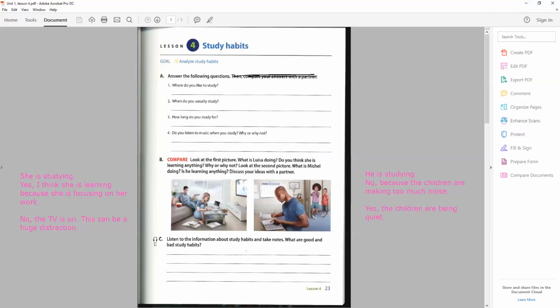Awesome. Okay, so that was a pretty quick audio. It was pretty fast. Okay, so let's talk about some of the first things he talked about, some of the bad habits. So he listed 3 bad habits. He listed not studying before class.